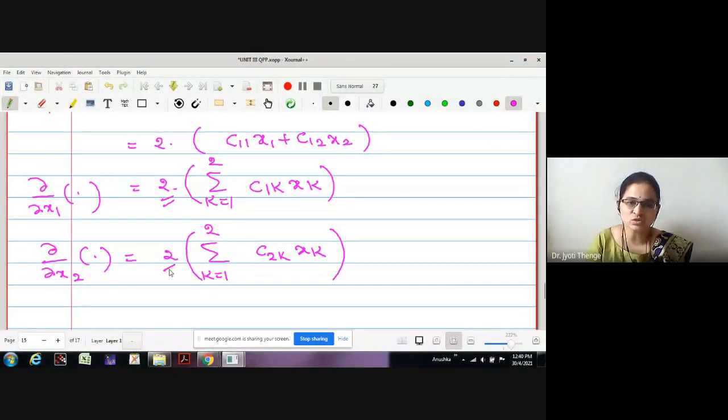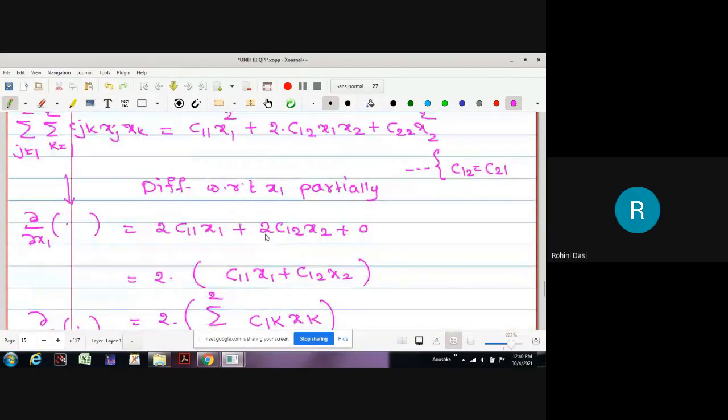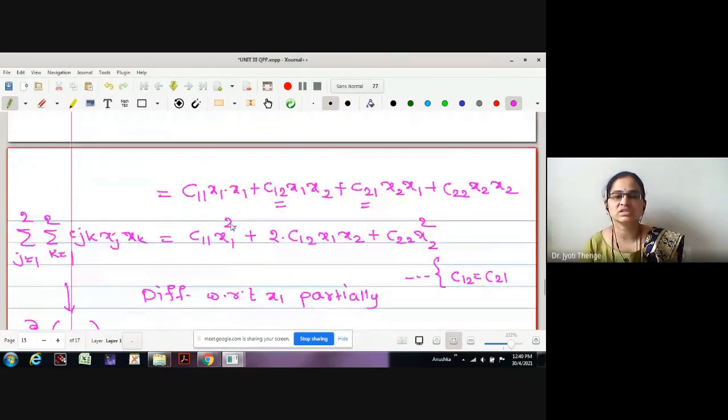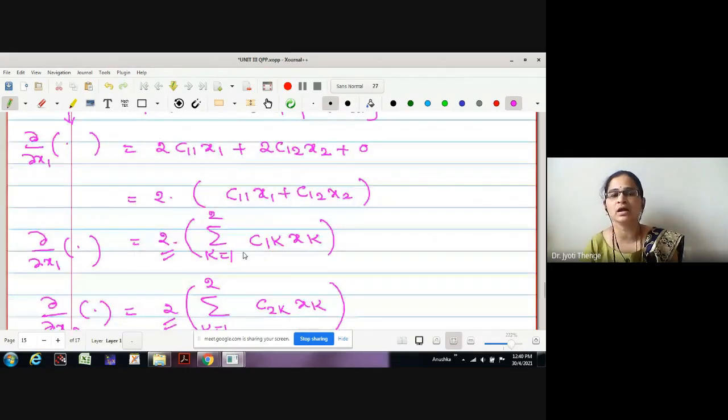But anyhow, this 2 is going to be there. Understood how this 2 is involved? Yes, ma'am. Okay, because the terms are x1 square, x2 square, that is, terms of degree 2. Therefore, if we differentiate, it will involve the number 2.